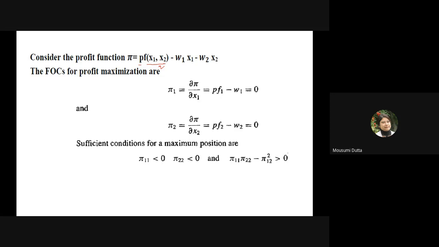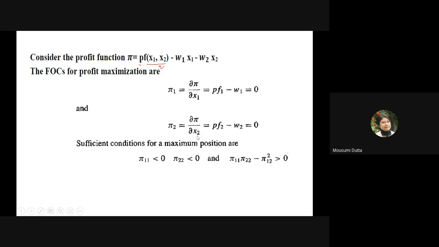Taking the derivative with respect to x1, we get P, we are considering the competitive price given from outside, F1, which is del F by del X1, minus W1. By first order condition, we can set this equal to 0.